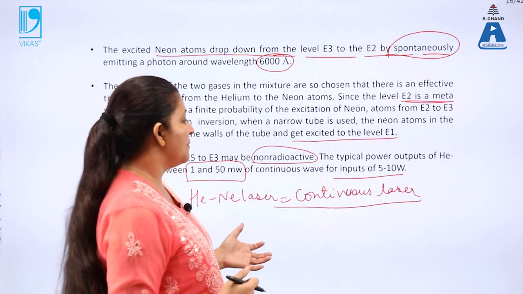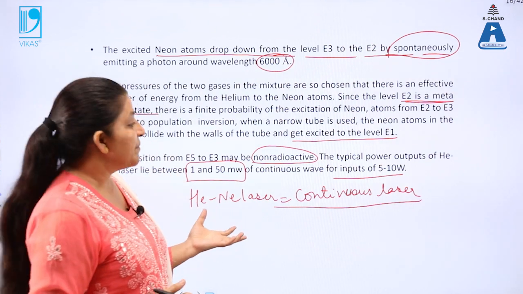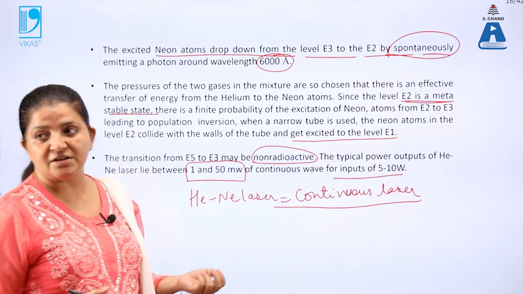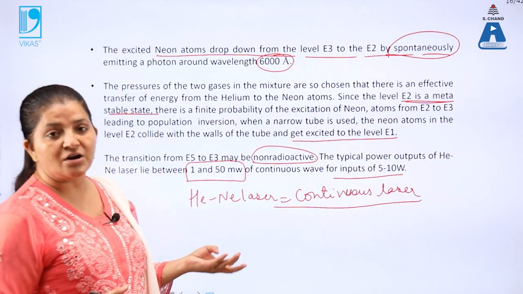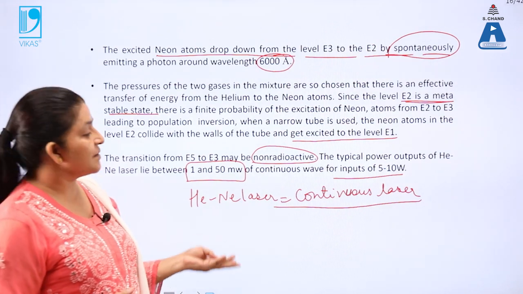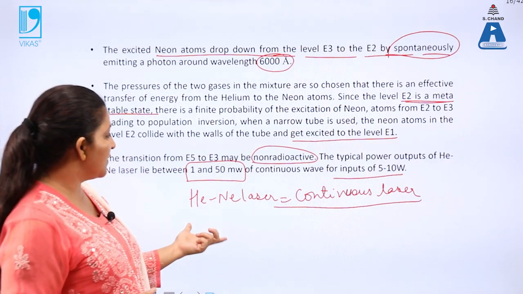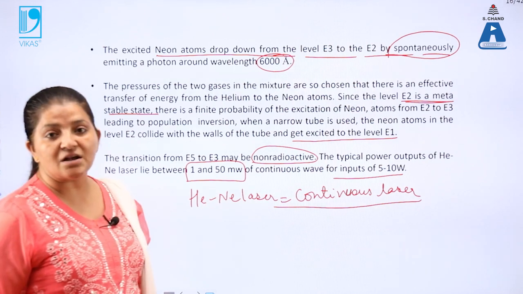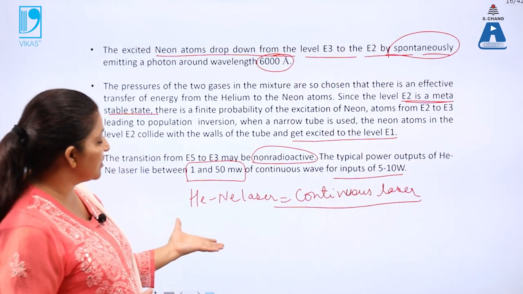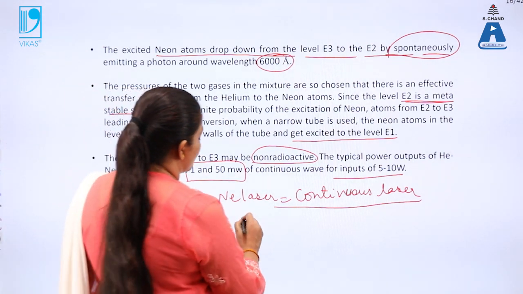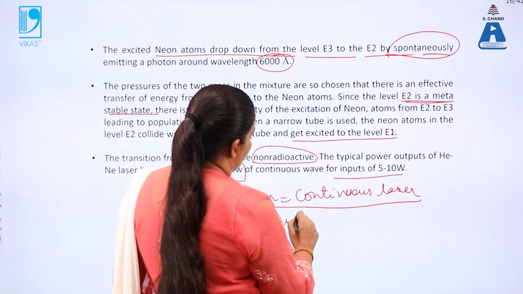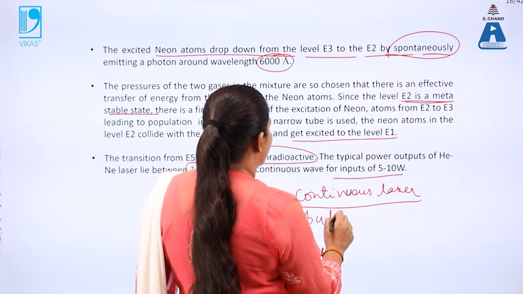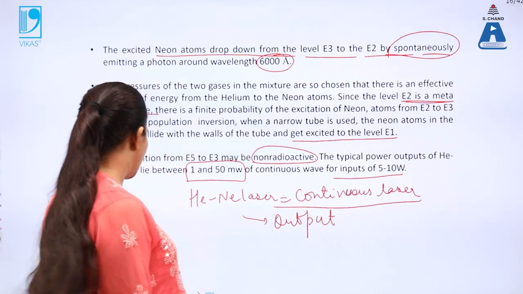Now the benefits of the helium neon laser: firstly, this is a gas laser, so continuous pumping of atoms can be done. Second, it is a continuous laser, so we continuously get the output. That is the main advantage of the helium neon laser.